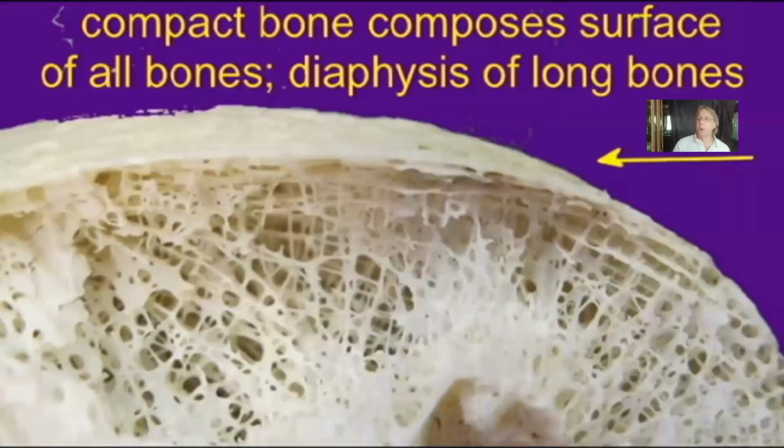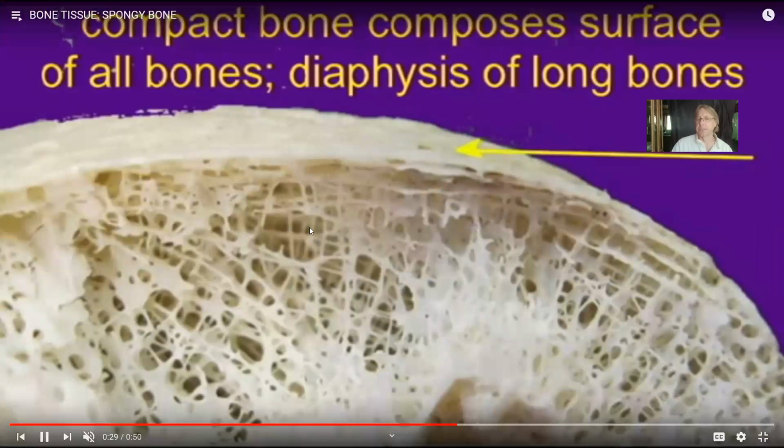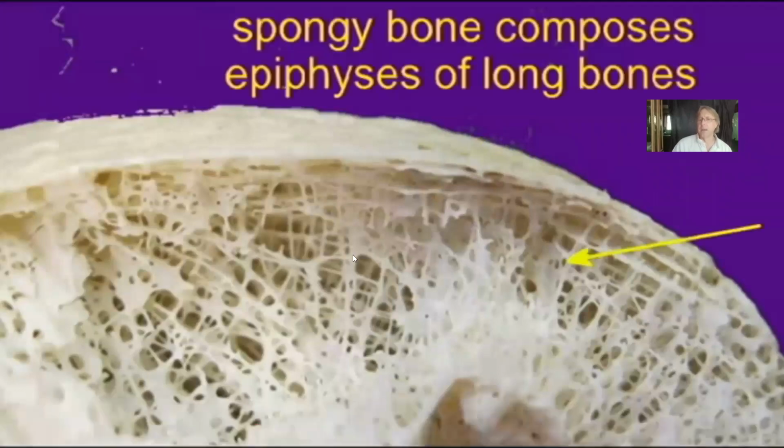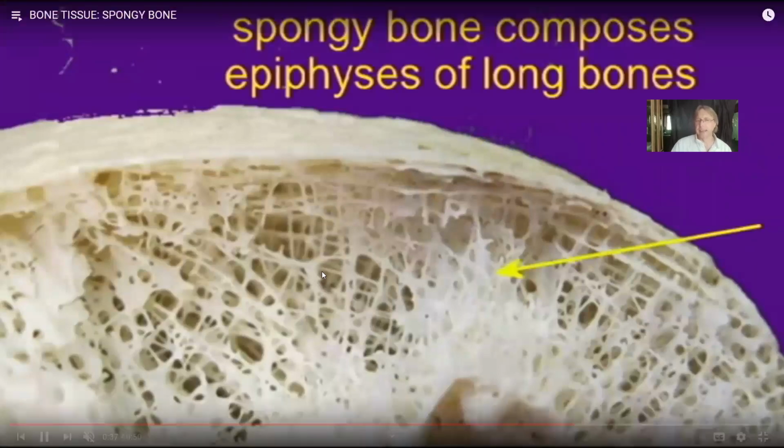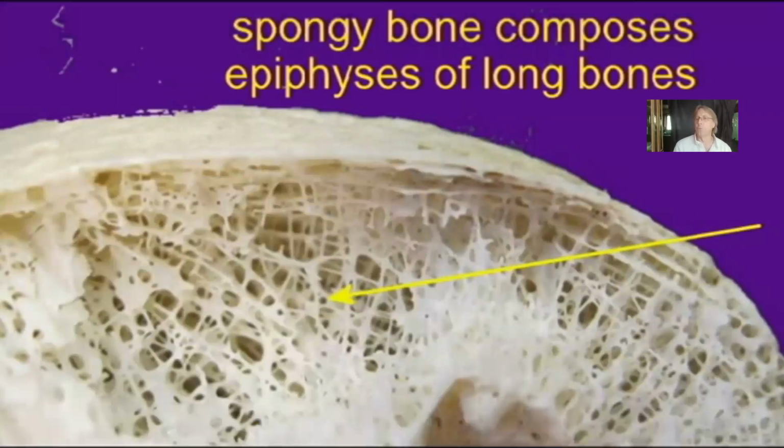So compact bone is found on the surface of all bones, as you can see it found on the surface here, but it also makes up the shaft or the diaphysis of the long bones. In contrast, at the epiphyses, the ends of the long bones, we find this spongy bone with its struts going in many directions. And here also then we have spaces, so you can have, say, a red bone marrow here.